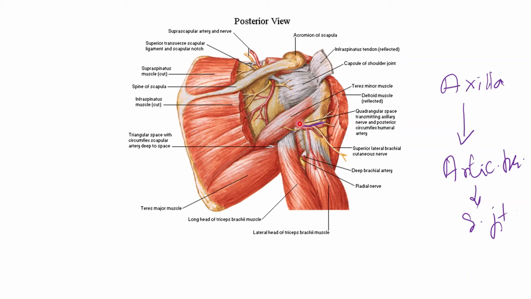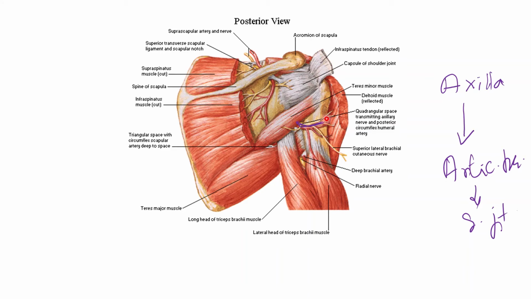The anterior division is the larger division of the axillary nerve, which is seen to wind around the surgical neck of the humerus, where it gives two branches.